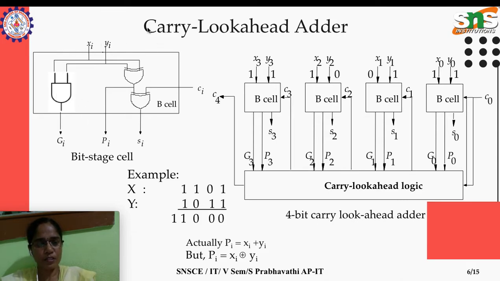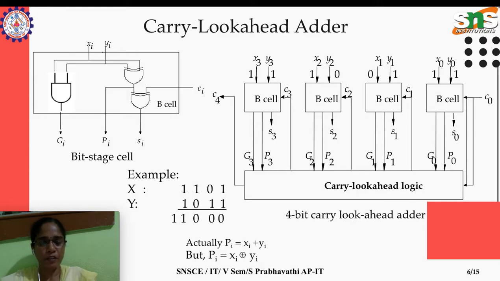So this is the single bit stage operation of the carry look ahead adder. Carry look ahead means each and every full adder will implement a combinational circuit to get the carry instead of depending on the previous full adder's carry in.